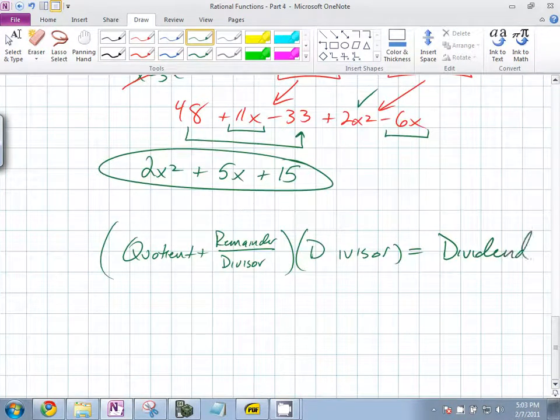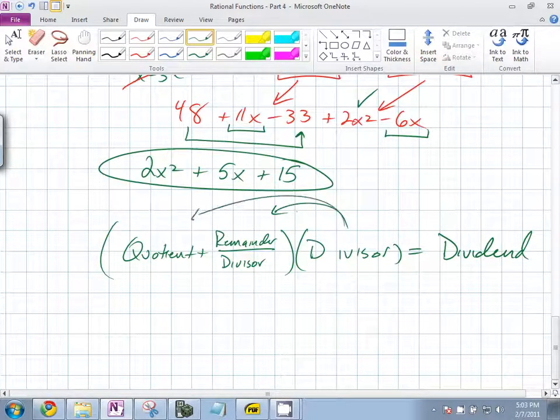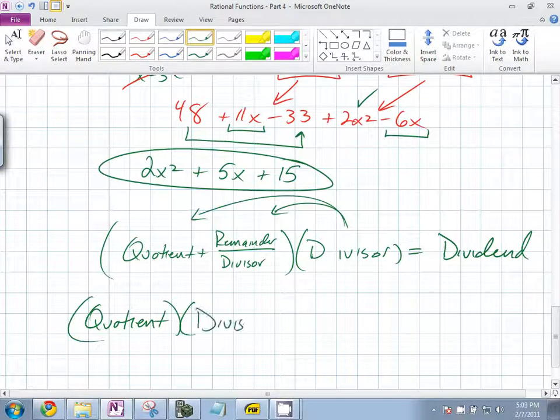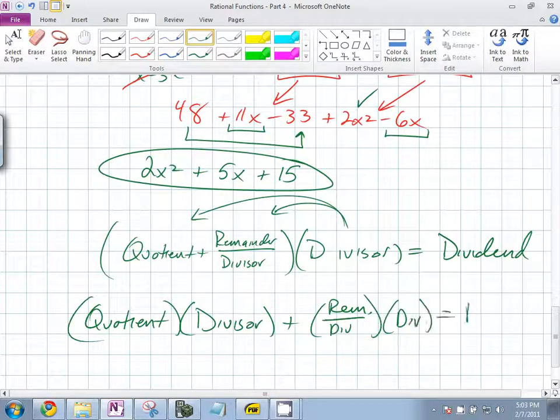You can simplify that a little bit when you multiply it in, and you end up with quotient times divisor plus remainder over divisor times divisor, I'm just distributing it, equals dividend. Well, what cancels there?